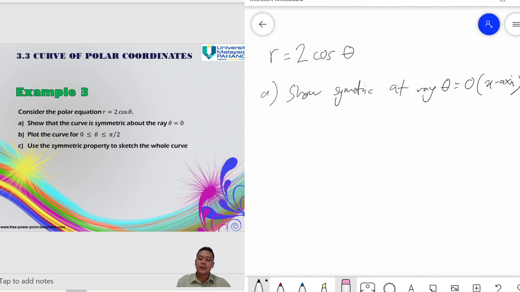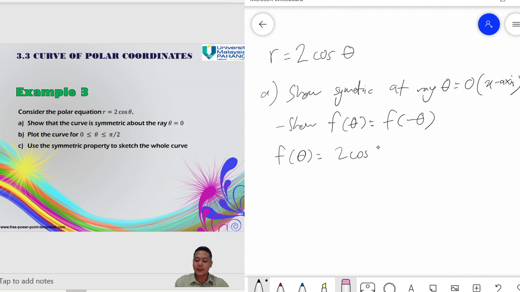Okay, so if ray theta equals to 0, you need to show, in other words, that f theta equals to f negative theta. Okay, if f theta is 2 cos theta, what will be f negative theta? It will be 2 cos negative theta. Okay, there will be a trigonometric properties involved here.